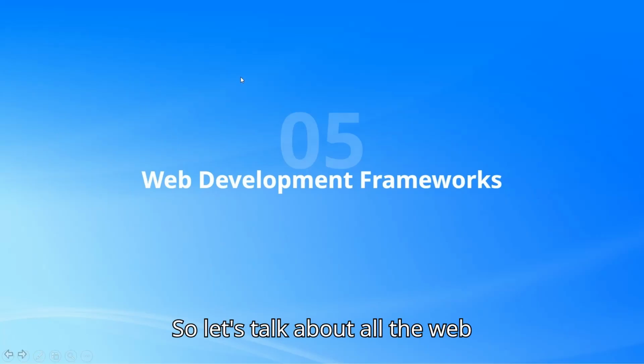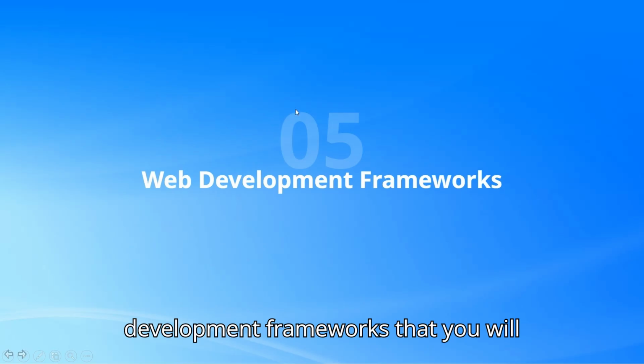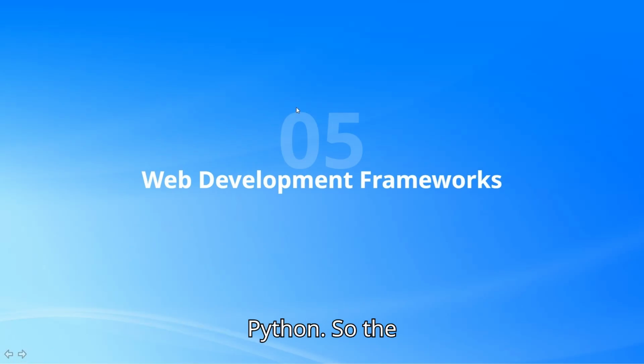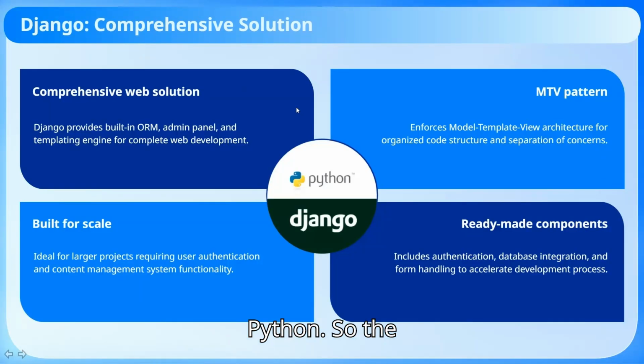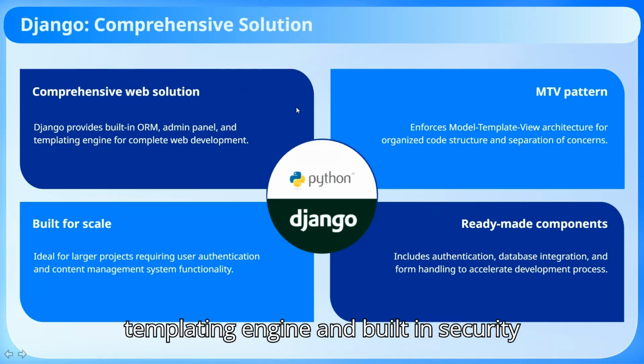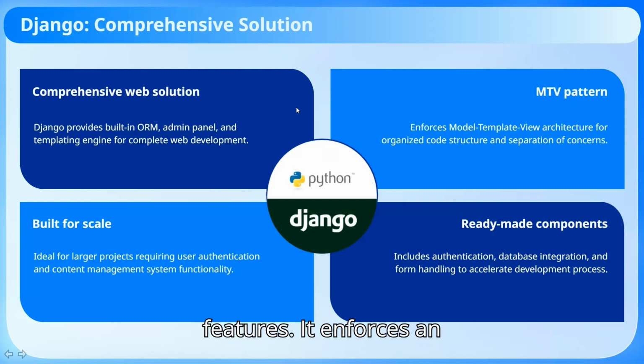So let's talk about all the web development frameworks that you will come across when you're working with Python. The first one in this list is Django. Django is a pretty mature and batteries included framework with an ORM, admin panel, templating engine, and built-in security features.